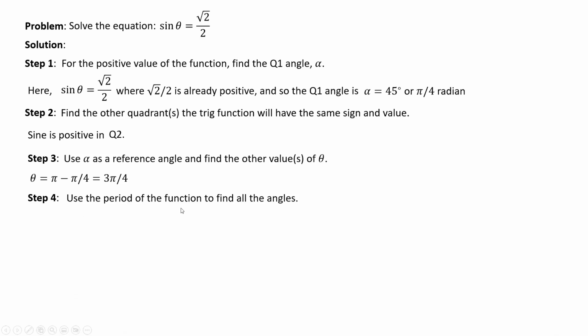Use the period of the function to find all the angles. Wait, what happened so far? We got sine theta equals square root of 2 over 2 to be true for theta equals, in this case, alpha is 45 degrees or pi over 4, and also theta equals 3 pi over 4.